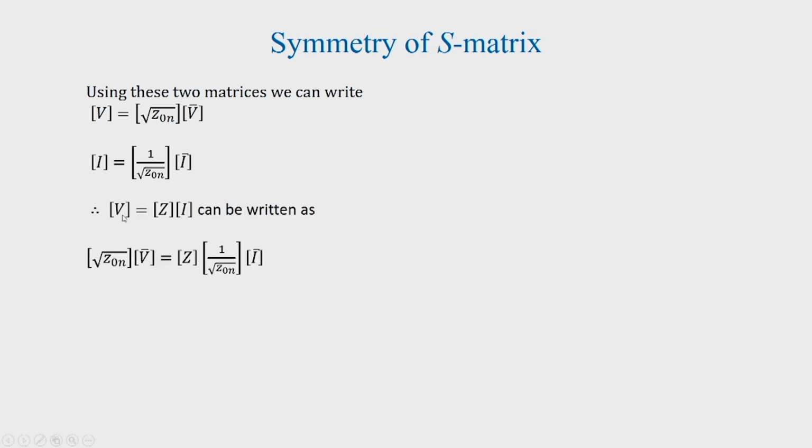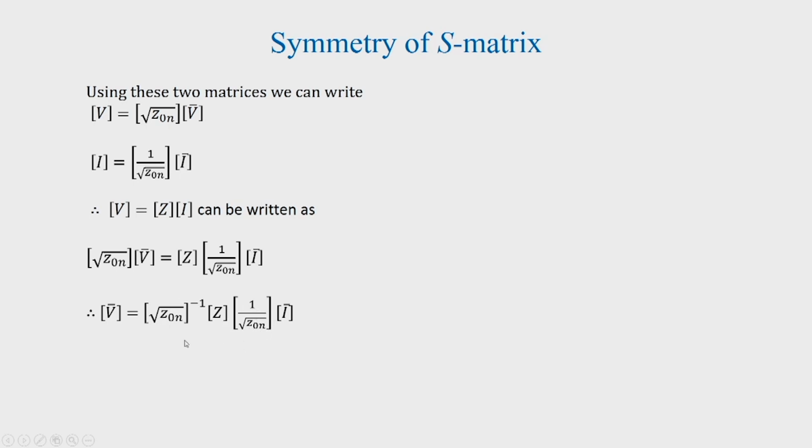And this equation V matrix is equal to Z matrix into I matrix can be written as shown here in terms of the normalized voltages and currents, and then we find that this normalized voltage matrix is related to the current matrix in this manner, where we have a matrix root Z0 n inverse, then the matrix Z, another matrix 1 by root Z0 n.